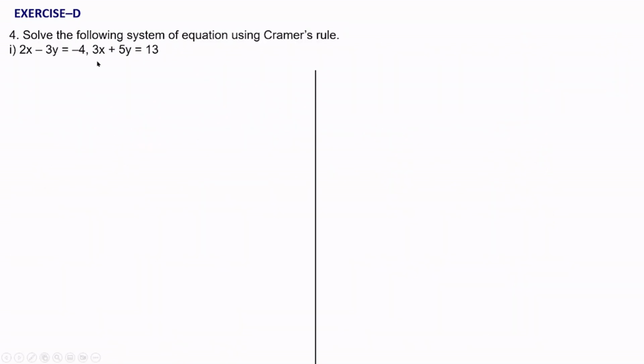Moving on, solve the following system of equations using Cramer's rule. First subdivision, 2x minus 3y equal to minus 4, 3x plus 5y equal to 13. So in Cramer's rule, we find delta, which is the determinant of the coefficient matrix. Then we find delta x, which is the determinant of the matrix obtained by replacing coefficient of x with the constants.